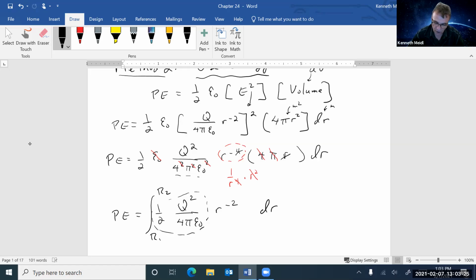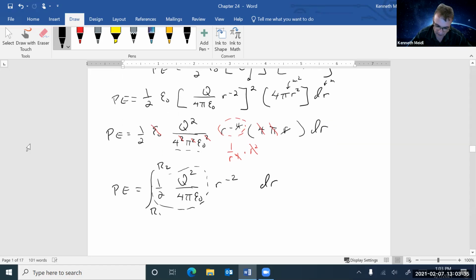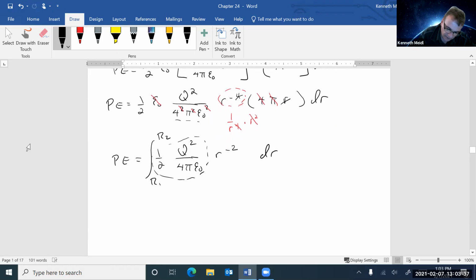And so I've got this r to the -2, which is going to be easy to integrate. The power is going to go up by 1. I'm going to divide by the new power and see what's left here. And so I've got this potential energy here. So I've got this 1/2. There's a q squared there. I think I'm just going to leave this as 4 pi epsilon naught for right now.